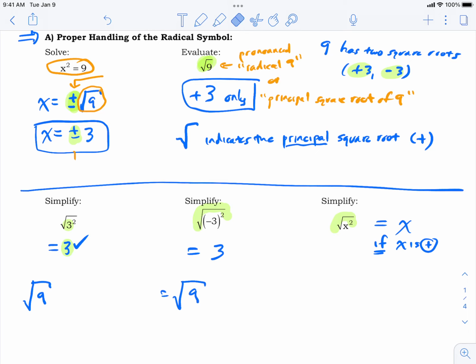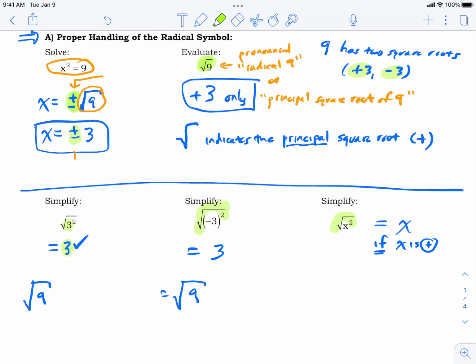But on this one, if you used x as -3 and squared it, the square root is going to be 3. It's not going to be -3. In other words, you cannot simply say that a square root cancels a square. It does not work that way.